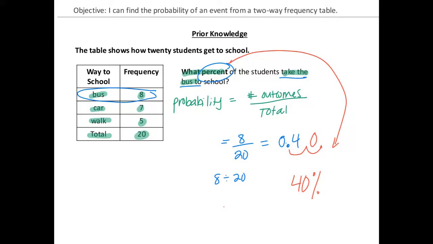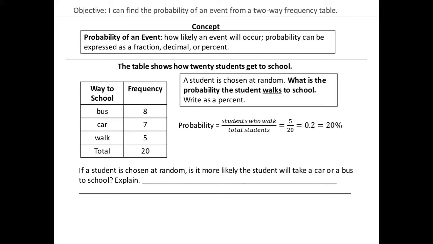All right. And so today's lesson, we're going to be looking at percent and probability. So for concept here, it says the probability of an event is how likely an event will occur, and probability can be expressed as a fraction, a decimal, or a percent. The table shows how 20 students get to school. A student is chosen at random. What's the probability that the student walks to school?